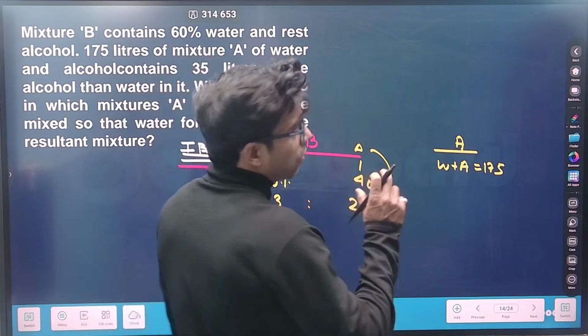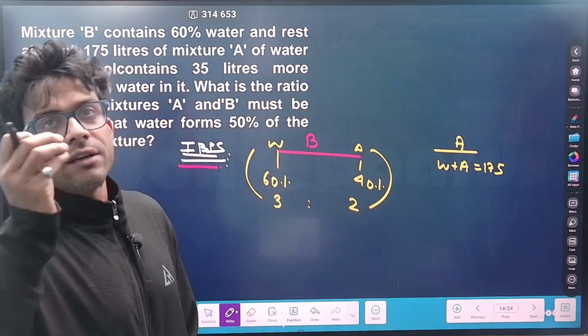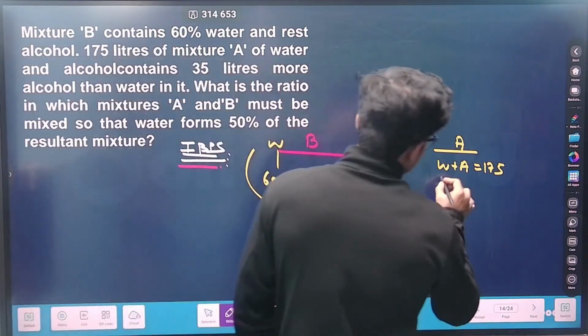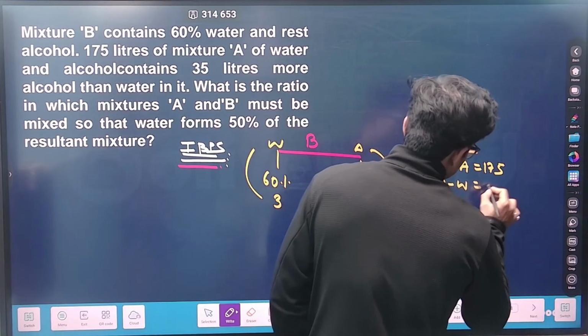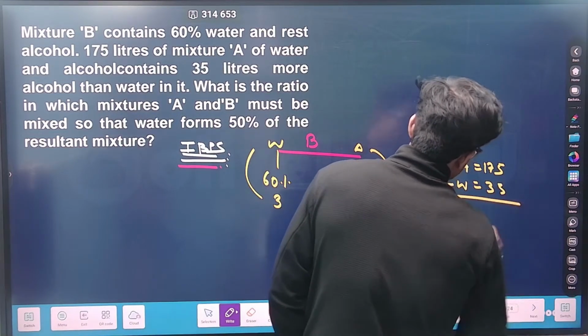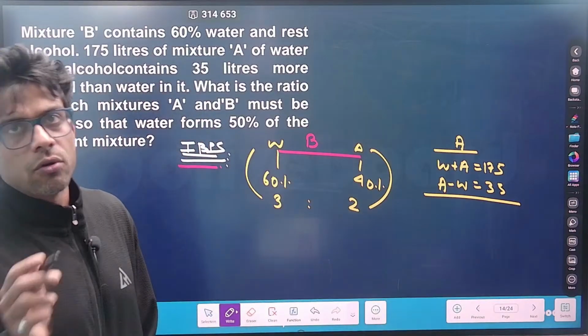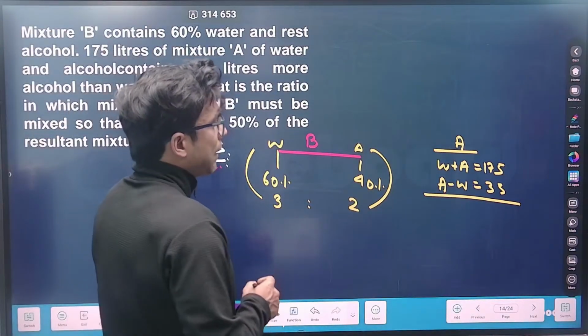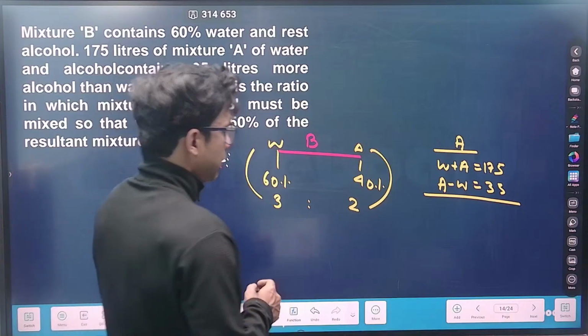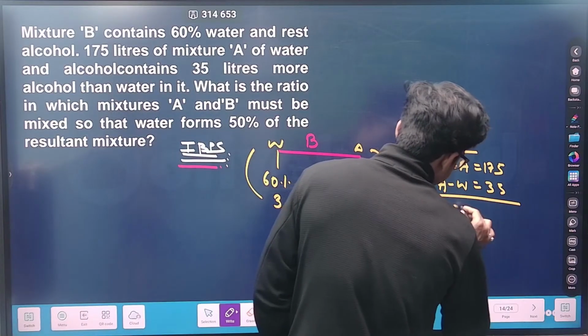So basically alcohol is 35 liters more. From here I can say water gets cancelled out and the value of alcohol becomes 210 by 2, which is 105, right? So alcohol is basically 105.